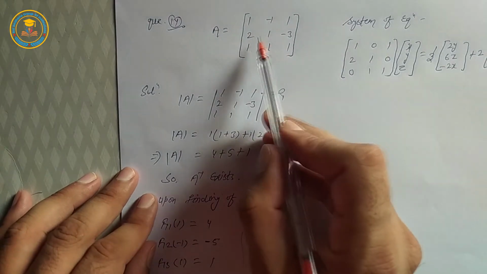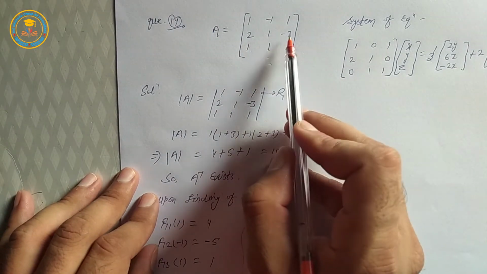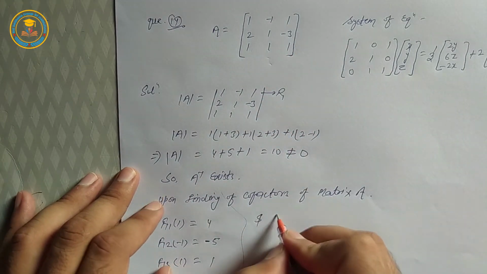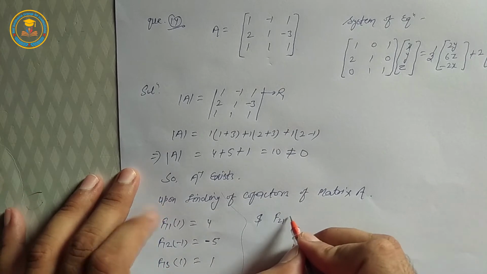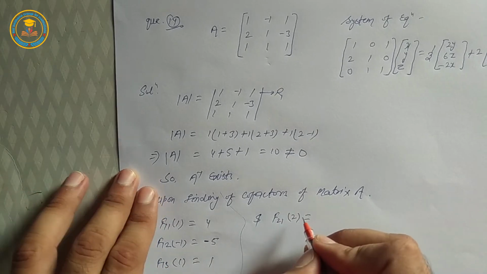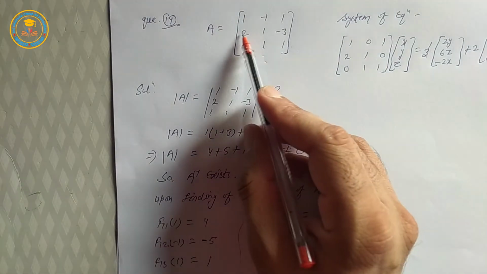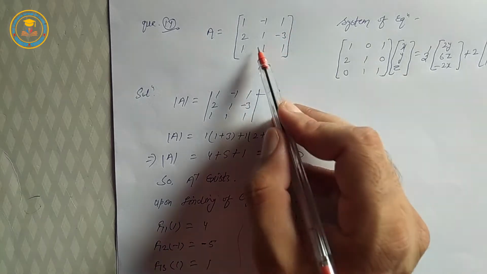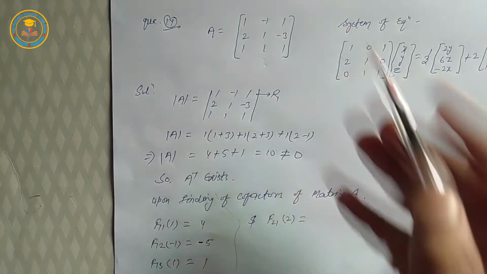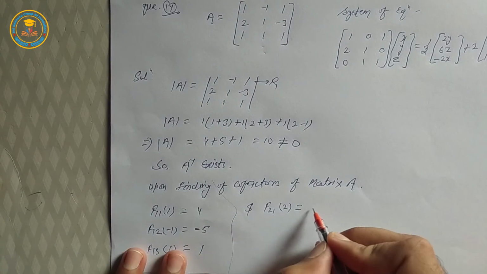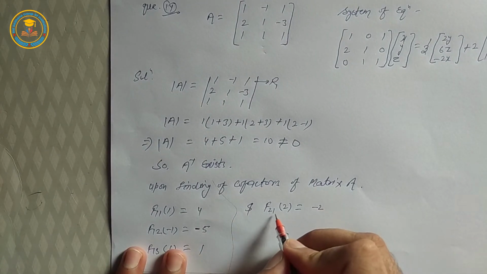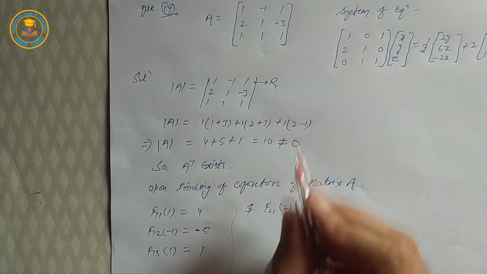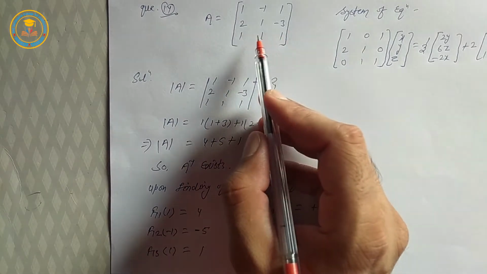Similarly the cofactor of the elements in the second and third rows. F21 is equal to minus of (1 into 1 minus 1 into 1), that is minus 2; 2 plus 1 is 3, an odd number, so the sign is negative. Similarly for the others.